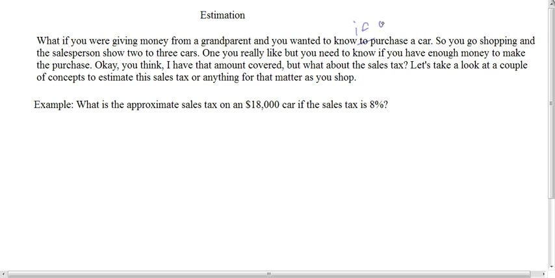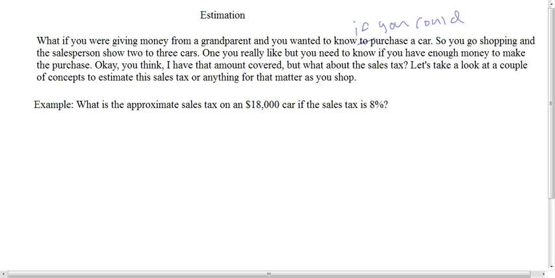So you go shopping and the salesperson shows you 2 or 3 cars, one you really like, but you need to know if you have enough money to make the purchase. And when I say purchase, I'm talking about the complete purchase. Okay, you think, I have that amount covered, but what about the sales tax?